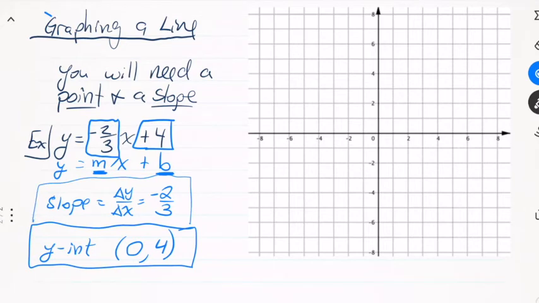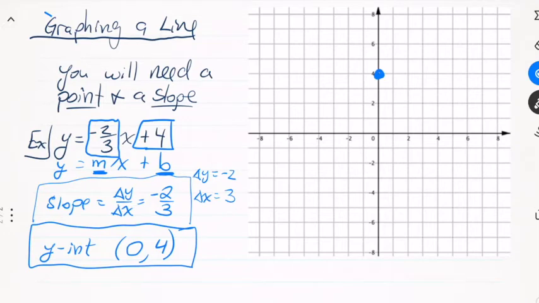Now remember, 0 means no left and right, and straight up 4. The other hint is a y-intercept has to be on the y-axis, not the x-axis. All right, the slope is negative 2/3. So if you separate it, it's change in y is negative 2, change in x is positive 3.